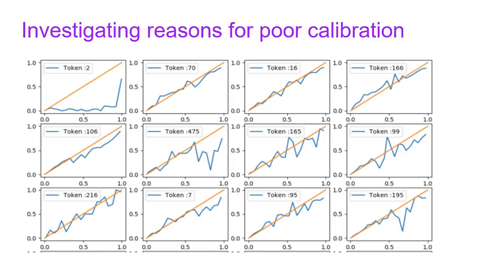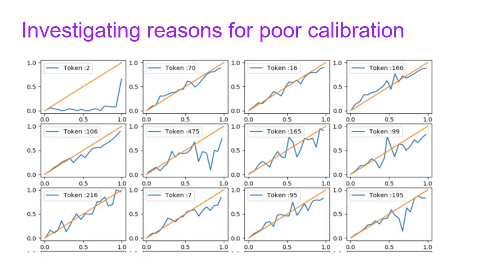And when we saw that the model was not calibrated, we tried to understand why. So the next thing that we did was look at the calibration of individual tokens in the output space. Here are some random frequent tokens, and we measure their calibration at a token level.